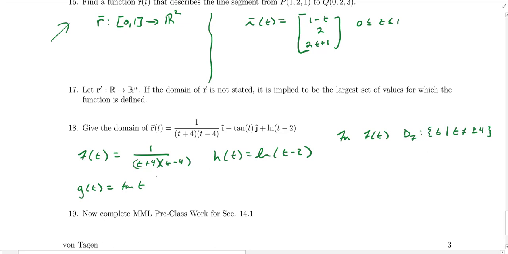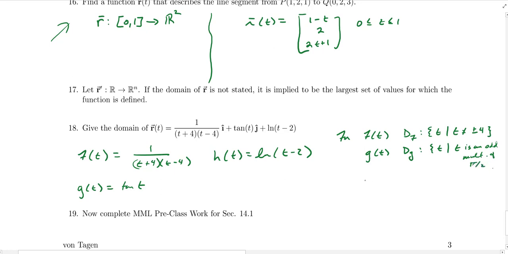And for this second component function, the domain of it is the set of values t such that, well, the tangent curve is undefined wherever t is an odd multiple of pi over 2.